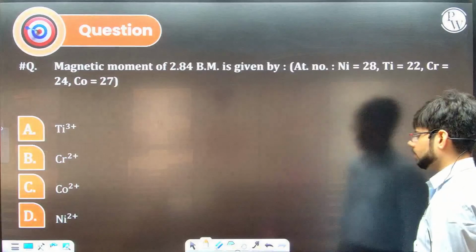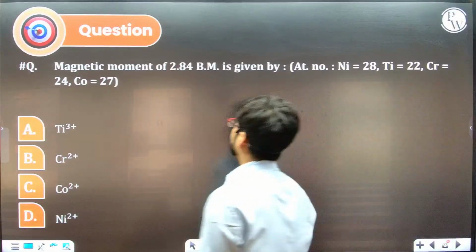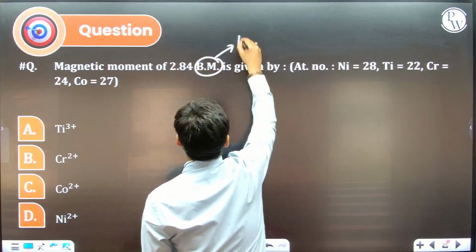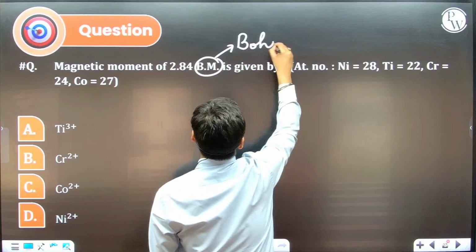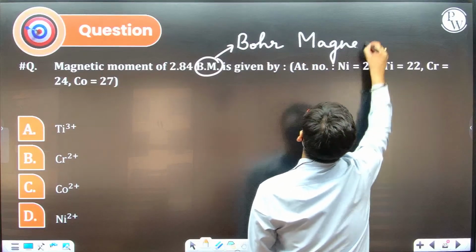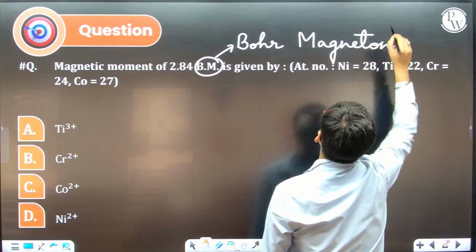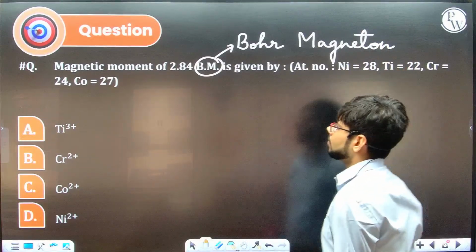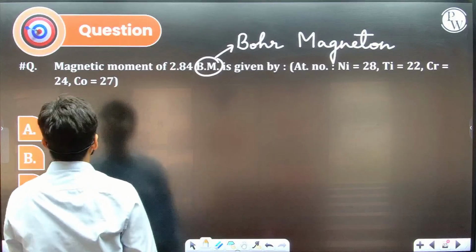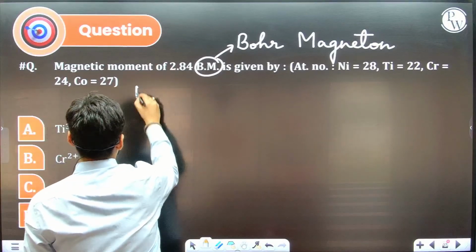Next question. Magnetic moment of 2.84 BM. BM is Bohr magneton. It is the unit of magnetic moment. So is given by whom? Now we have to understand this. So the formula is what?